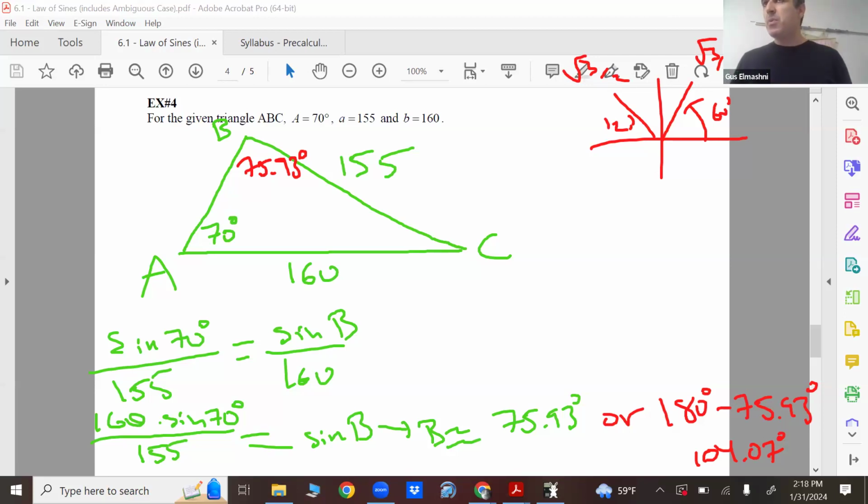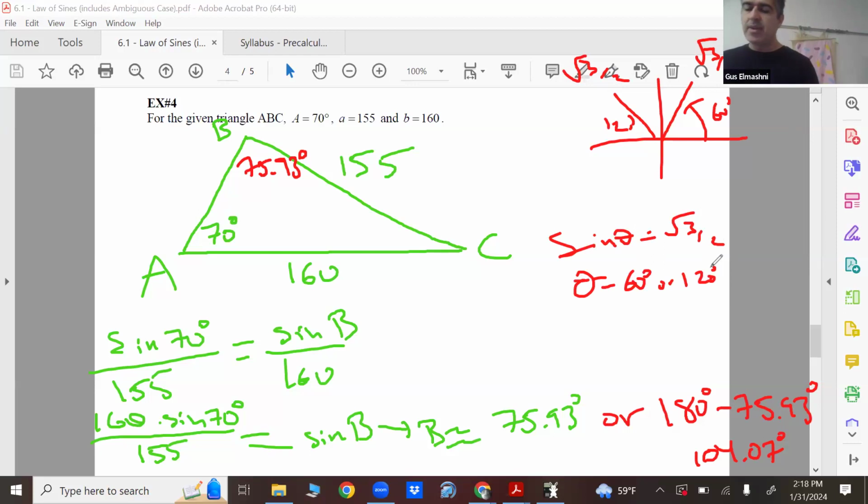Remember we talked about this when we were solving triangles, like we did in the test. Sine theta equals root 3 over 2. What are the answers for that one? That would be 60 degrees or 120 degrees, because the second quadrant will also be a valid answer. So you have to actually compute that. Whenever it's SSA, you have to look at the other scenario.